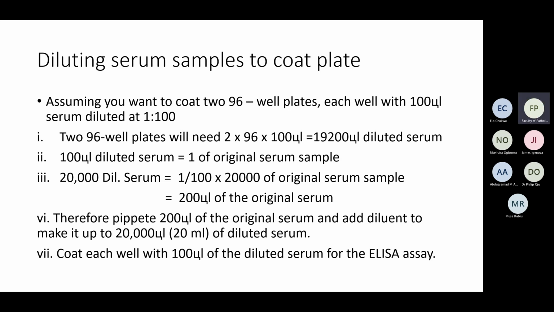So you have 2 plates, 96 well plates, and you want to coat each well with 100 microliters. If you multiply it out, it's going to give you 19,200 microliters of diluted serum. So you are going to need 19,200 microliters of diluted serum.